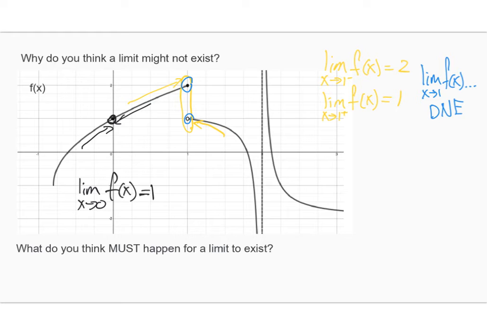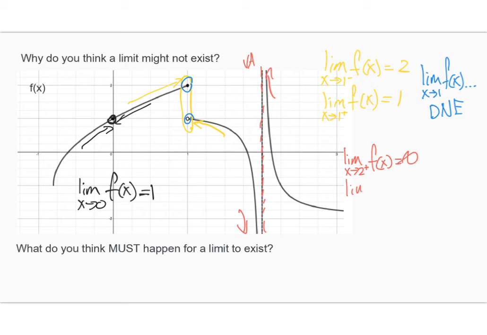The other place that our limit does not exist is on this asymptote. Because we have a vertical asymptote where our limit is going to 2 different versions of infinity, our limit also does not exist there. So our limit as x approaches 2 from the right is positive infinity.